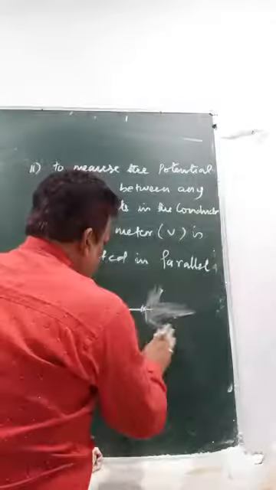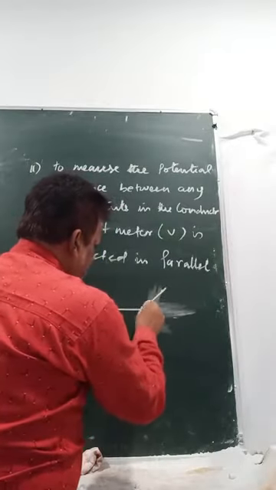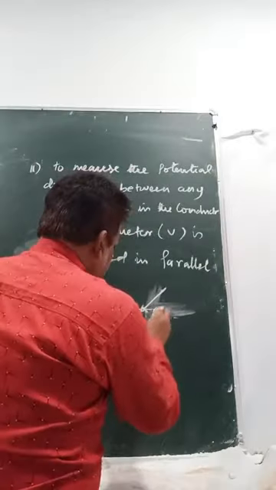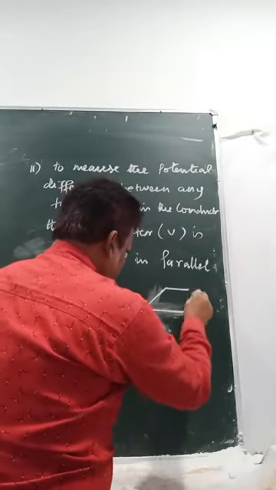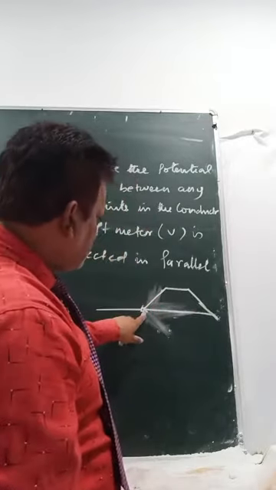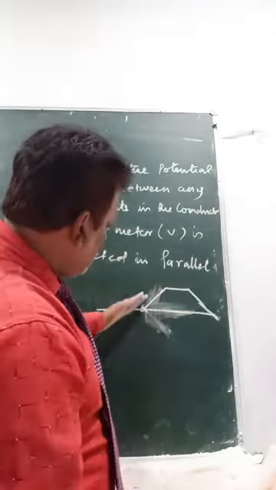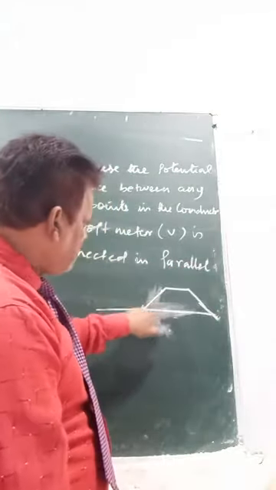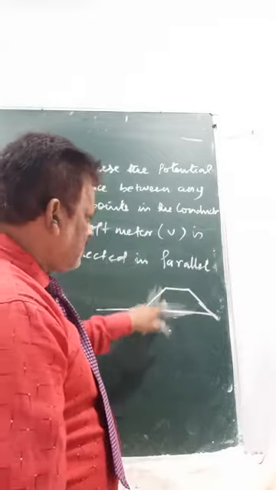But if you make a junction, one wire going like this and the other wire going like this, that is called a parallel connection.